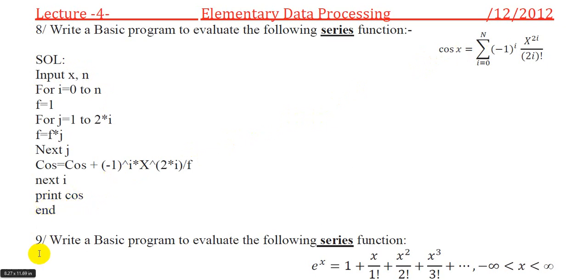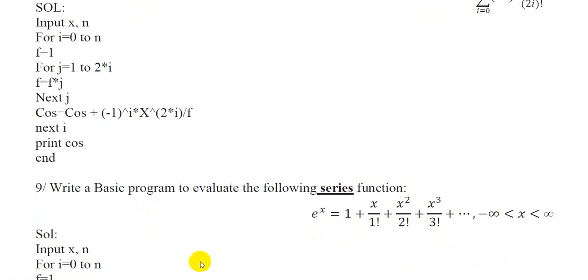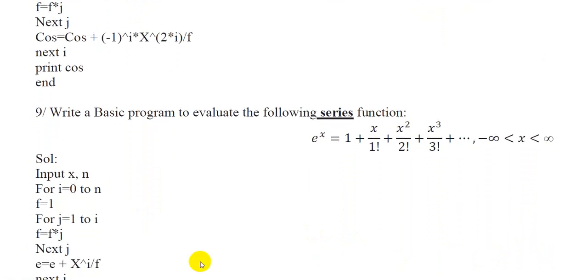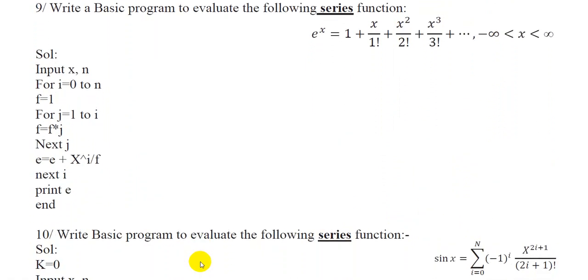Conclude and end. 9. Write the basic program to evaluate the following series function. Exponential x equals 1 plus x over 1, plus x squared over 2 factorial, plus x cubed over 3 factorial, and so on, for the entire variable of x values from minus infinity to infinity. So the solution in this case will be input x and n, because we have a series expression for the entire exponential function.